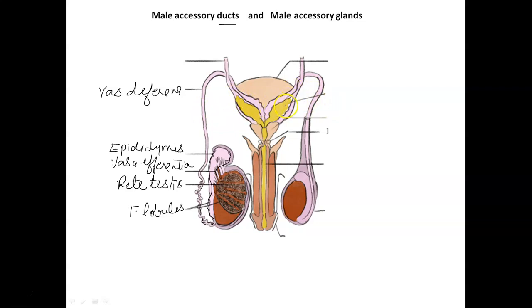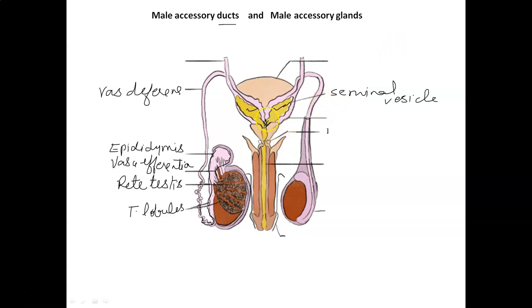Here is the vas deferens, and this vas deferens will join with another structure which is present here in the pair, 1 and 2. One pair, that is 2 in number. This structure is actually seminal vesicle. Now the duct which is coming from seminal vesicle will be joined with the duct which is coming, that is vas deferens, and then they will form a single duct which is actually ejaculatory duct.